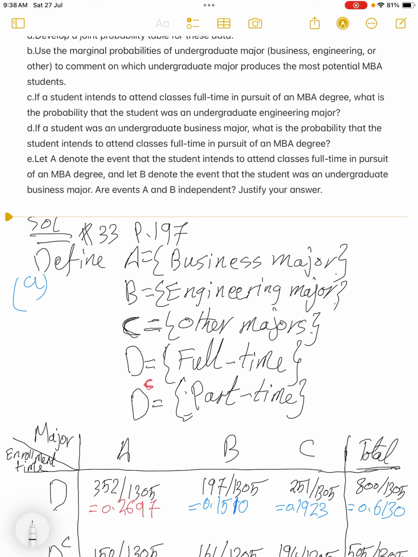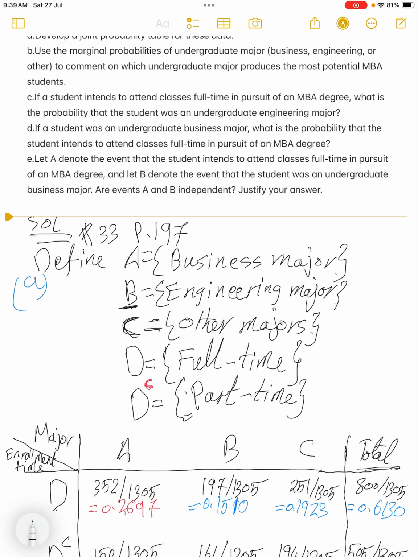If the student intends to attend classes full time in pursuit of an MBA degree, what is the probability that the student was an undergraduate engineering major?